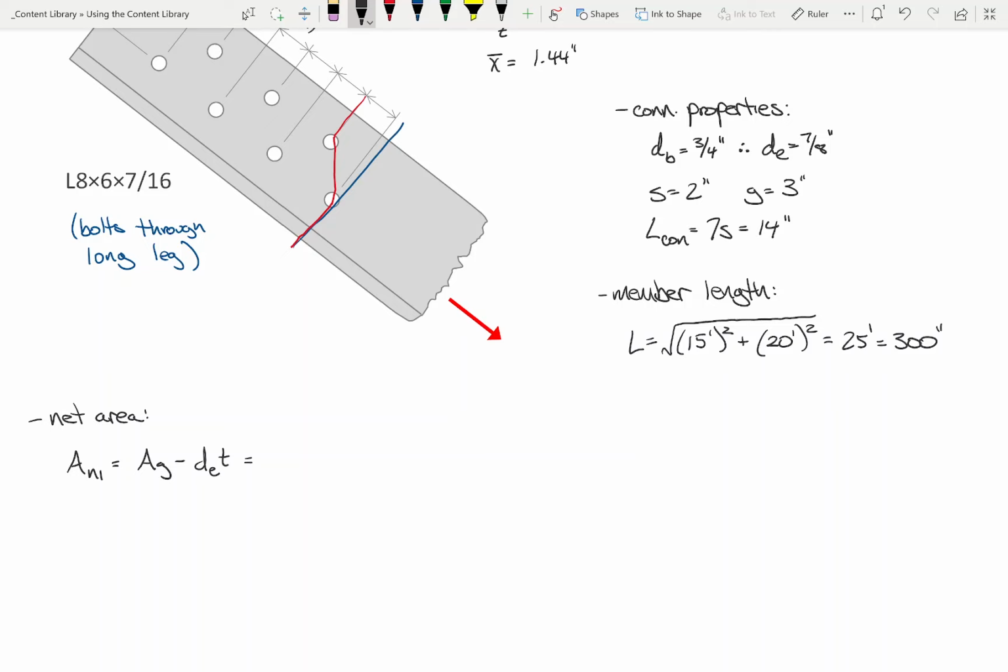In other words, let's just subtract 1 bolt hole. We'll say 3 decimal places just to make sure we're all on the same page. So what do we get for this value? 5.607.